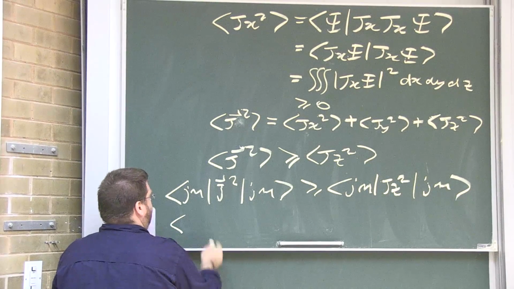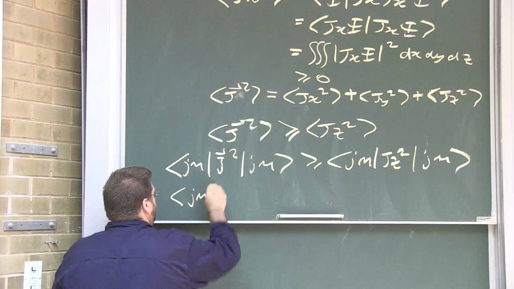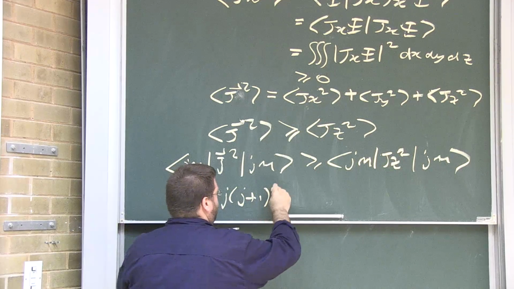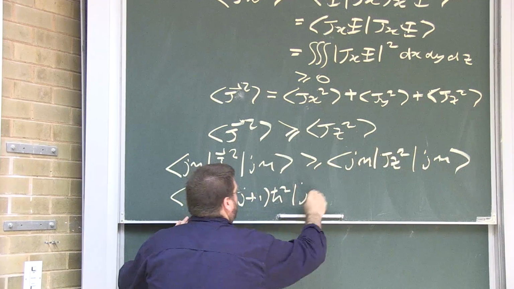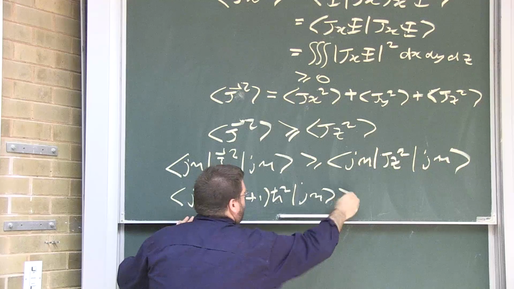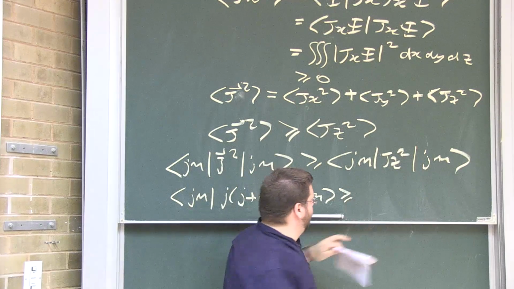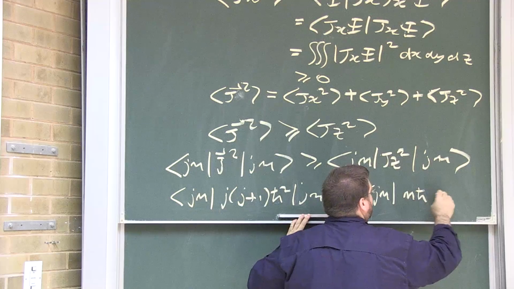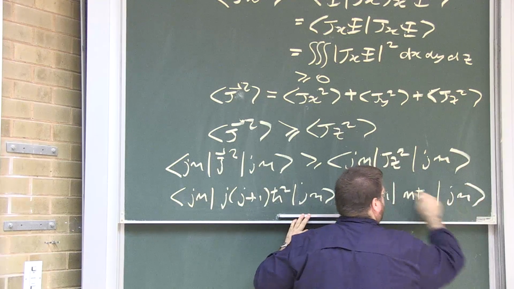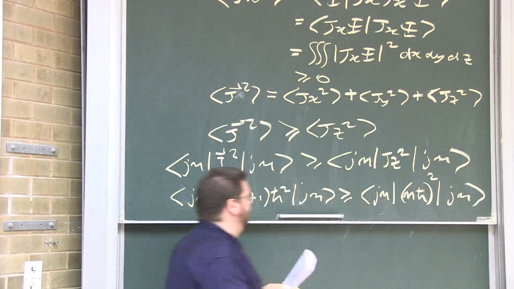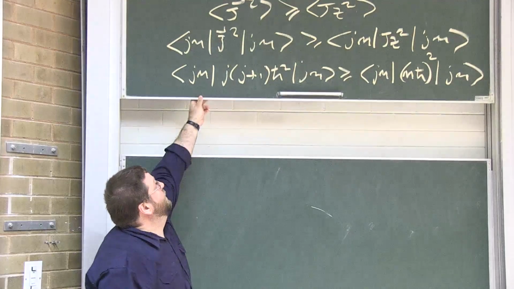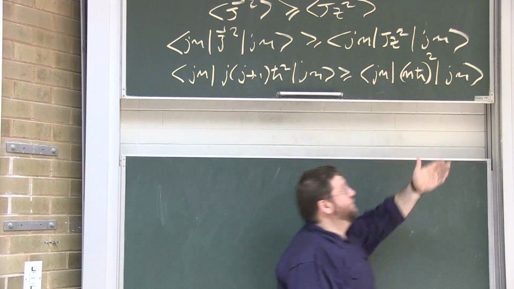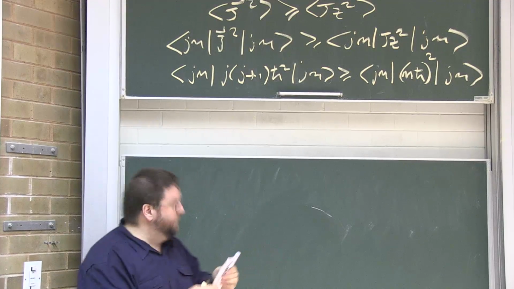So the left-hand side, this will pull out a factor of the relevant eigenvalue. Here, if jz were to act once, it will pull out the eigenvalue m h cross. But since it acts twice, it pulls out that eigenvalue squared. So to continue, I know that this is a number, and this is a number, and those numbers can come out the front.